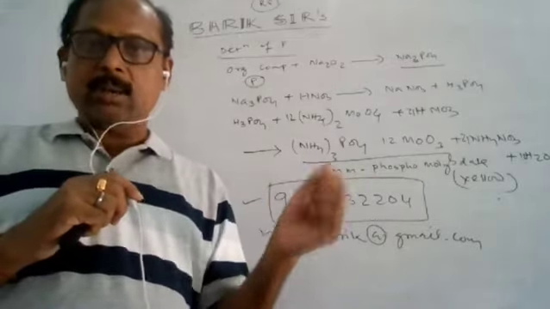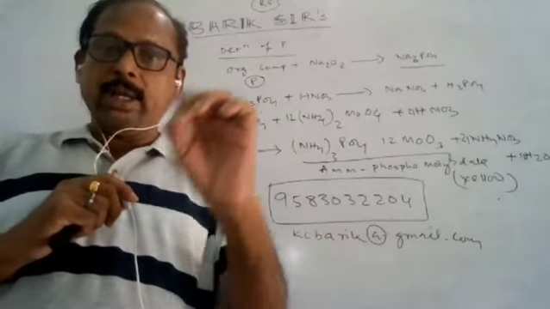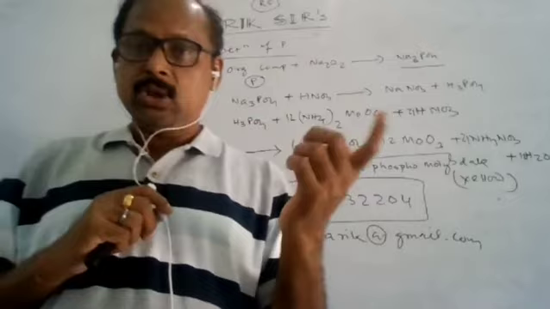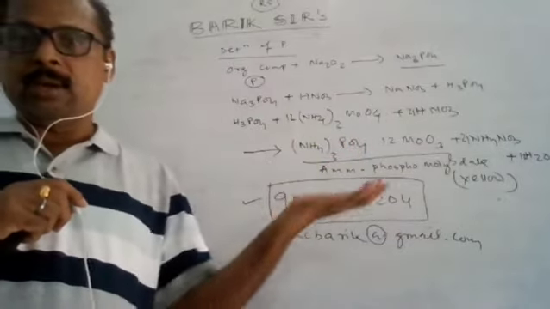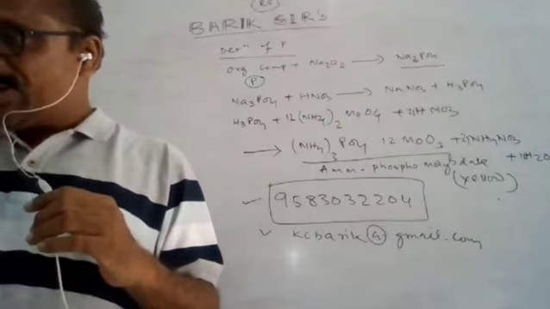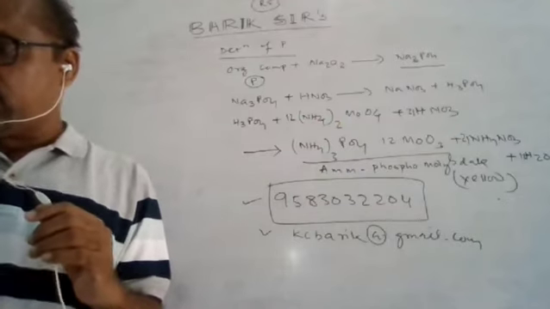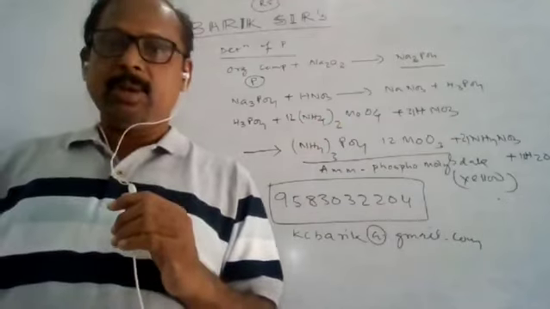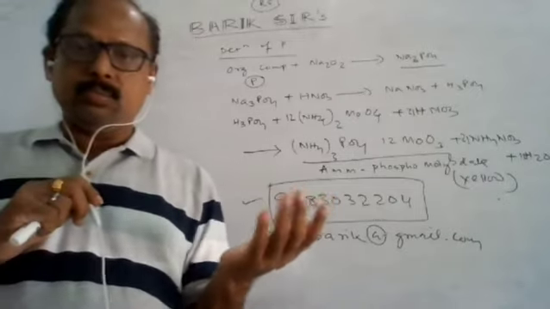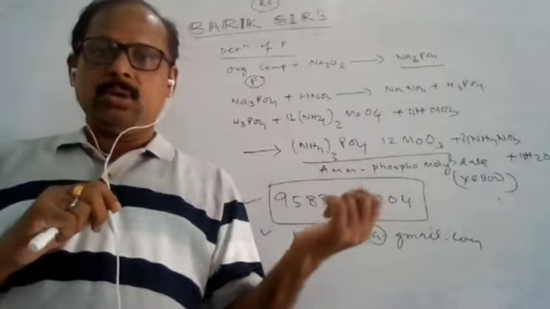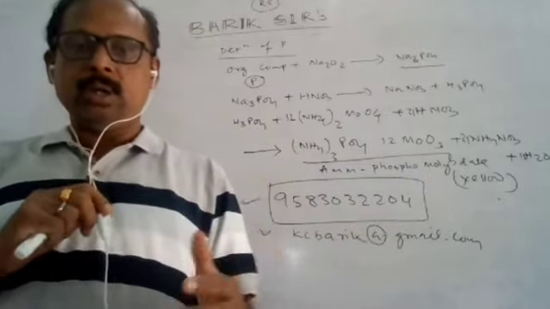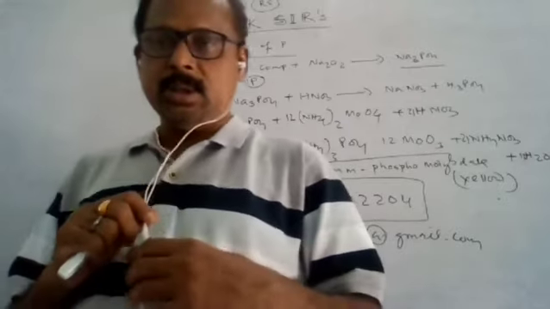Fluoride is not detected by the Lassaigne test, phosphorus is also not detected, and nitrogen and sulfur both can be detected by the blood red formation, by the formation of ferric thiocyanate. This is all about the qualitative estimation of organic compounds, part 1, and in part 2 I will explain the quantitative estimation.